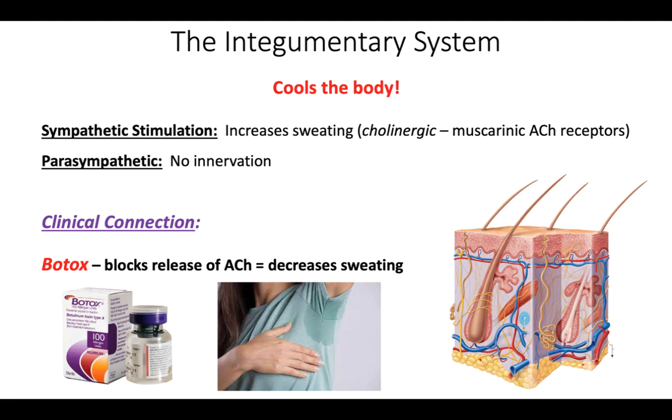And when you have sympathetic activity, again, fight or flight, E situations, it stimulates the sweat gland, but it stimulates it with acetylcholine. So the sweat glands have muscarinic acetylcholine receptors. So again, this is one of those exceptions to the fact that sympathetic uses norepinephrine.